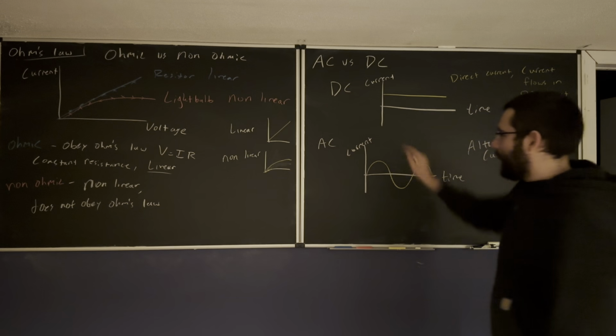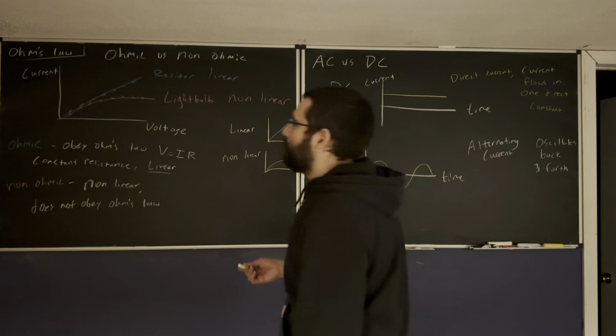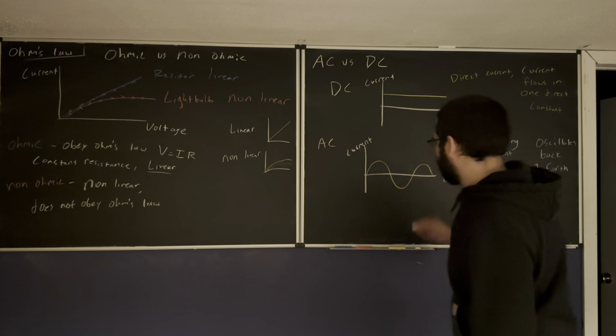And then at the very end, we'll talk about why we use AC, right? So what's the point? That has to deal with transformers. Actually, I'll just write that down.